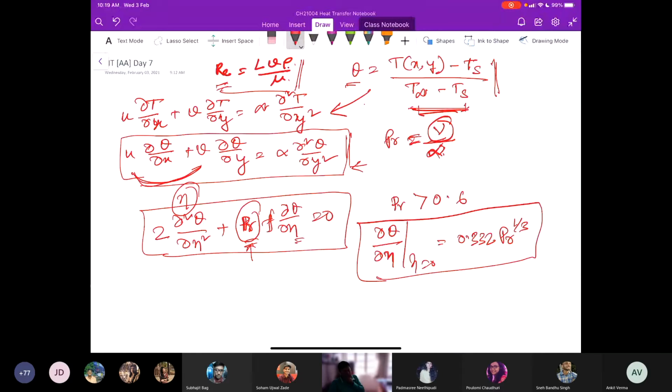So this dou theta by dou eta is proportional basically to the Prandtl number to the power 1/3.